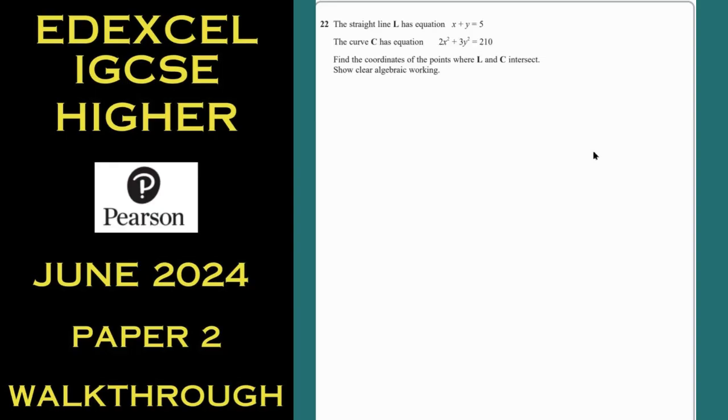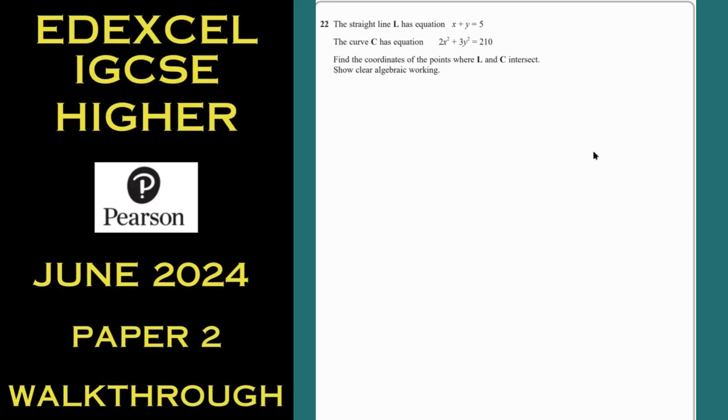Hopefully when you practice your simultaneous equations, you don't neglect the quadratic ones, because they come up just as often. As we all know, lots of algebra ends up with a quadratic, get it solved, and off you go. So it's only your choice. Do you want to do x equals 5 minus y or y equals 5 minus x?